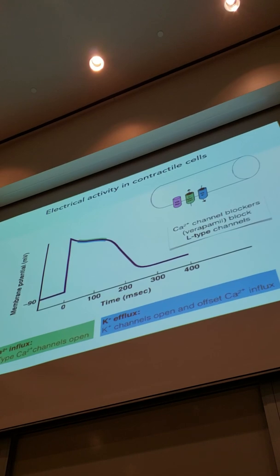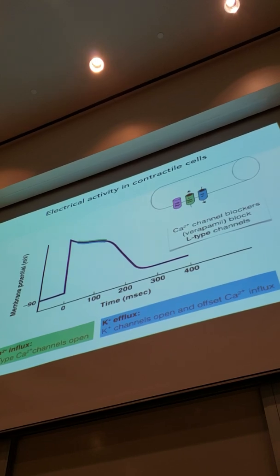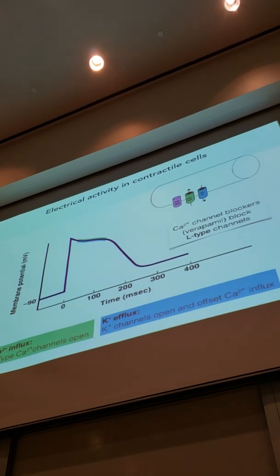So we've got an L-type channel, which is very permeable. Lots of potassium, lots of calcium can move through here. And what's going to happen if only potassium is allowed to go through the cell membrane? What's going to happen to that membrane potential? Is it going to go more positive or more negative? More negative.